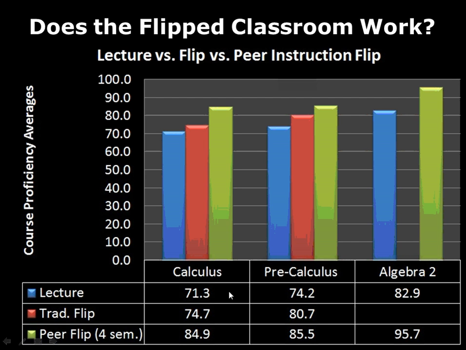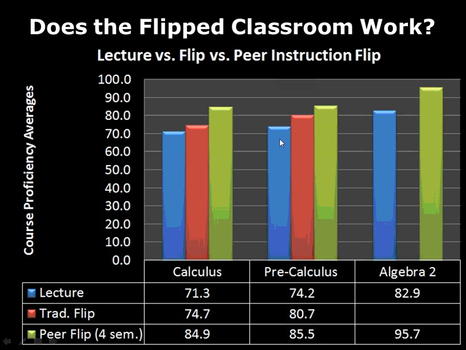You can see going from lecture for calc to the traditional flipped, my proficiency went up by 3.4%. However, going from lecture to the peer instruction model, it's up by 13.6%. My best situation that I've had is where my scores were up by 17.7%. Looking at pre-calc, going from the lecture to the traditional flip was up by 6.5%.